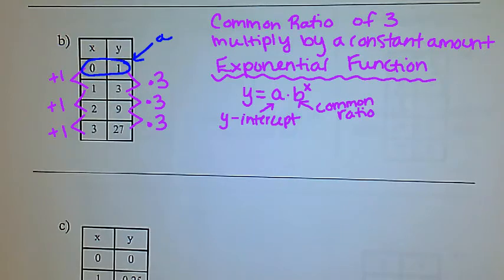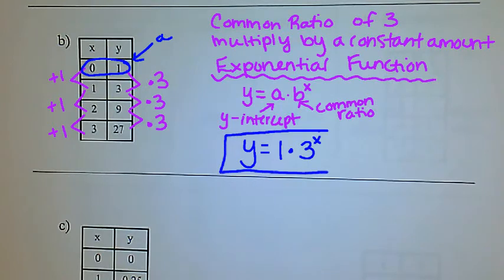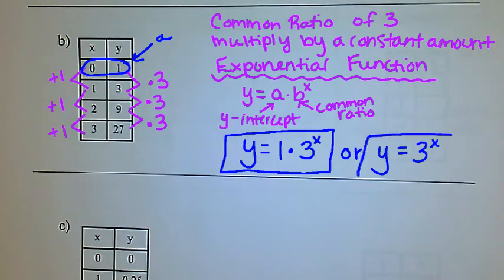So this would be a. So my equation is just going to be 1 times 3 to the x power. Here we go. And of course, if your y-intercept is 1, you can always just leave it off and just write it like that.